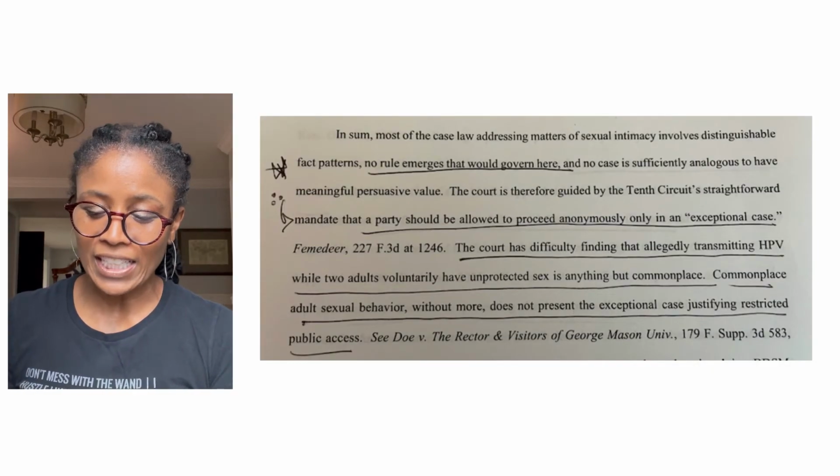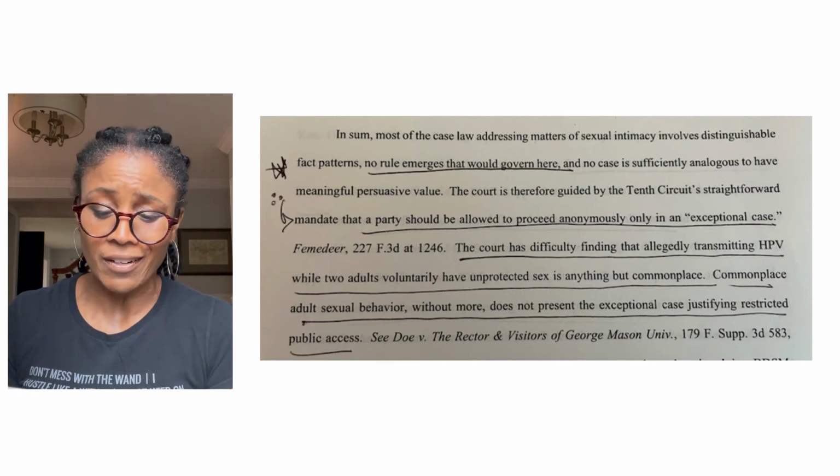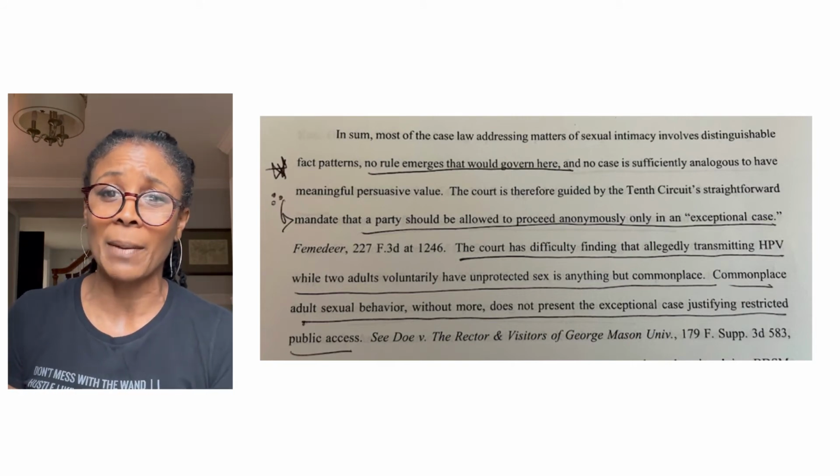There is no bright line rule. Sexual behavior or preferences that are considered conventional or within the bounds of societal norms are generally accepted without controversy, ridicule, or derision, and therefore present a less compelling reason to proceed anonymously. Well, the court's saying there was nothing strange about what was going on here. Okay, you guys just had regular car sex. The court has difficulty finding that allegedly transmitting HPV while two adults voluntarily have unprotected sex is anything but commonplace.